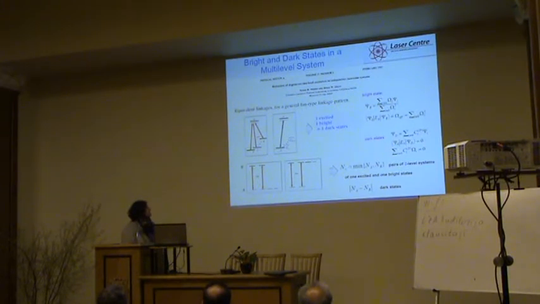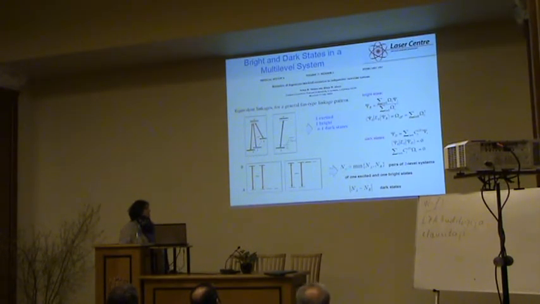Usually, when you look at these systems, you have to take into account the so-called Morris-Shore transformation, which tells you that if you have a multilevel system coupled by a laser, the result should be creation of bright and dark states.